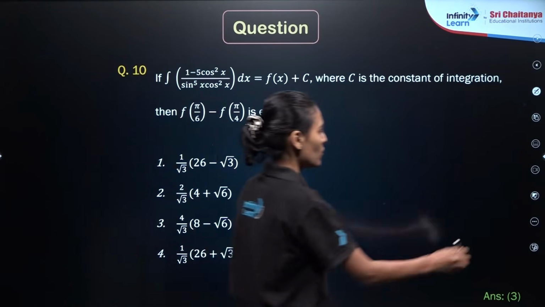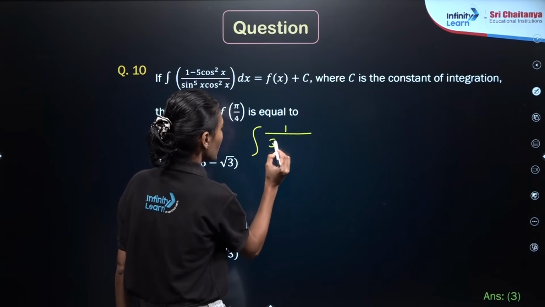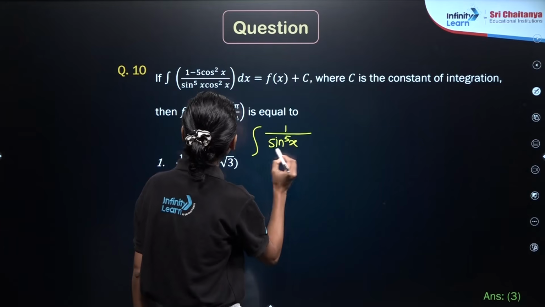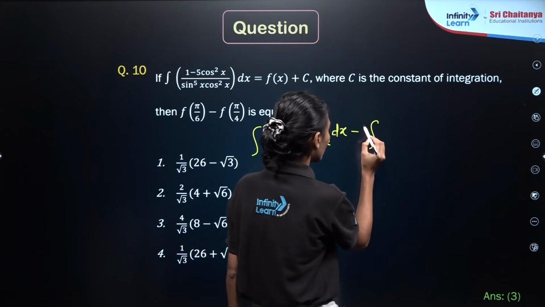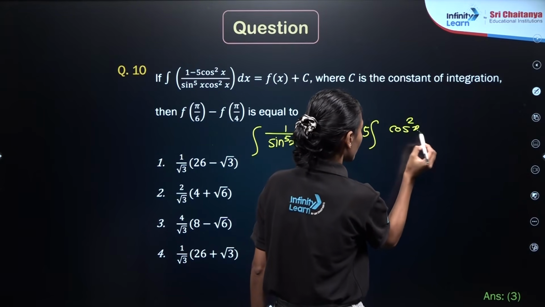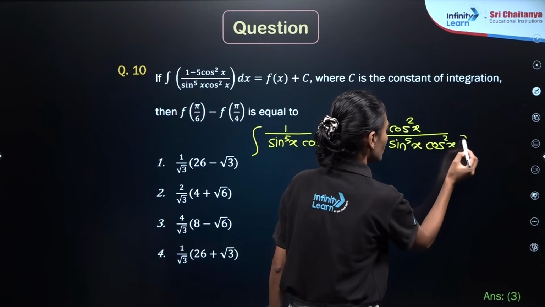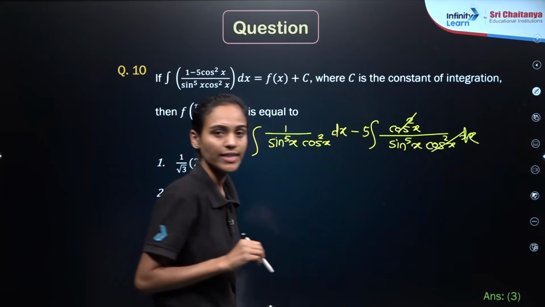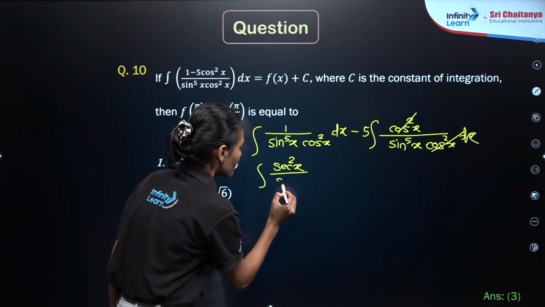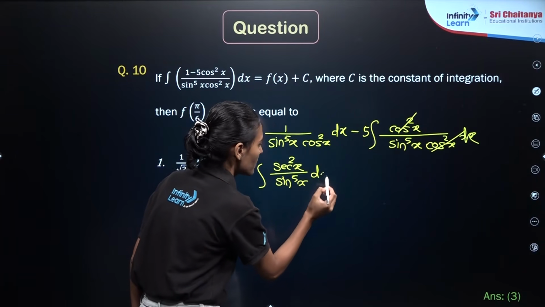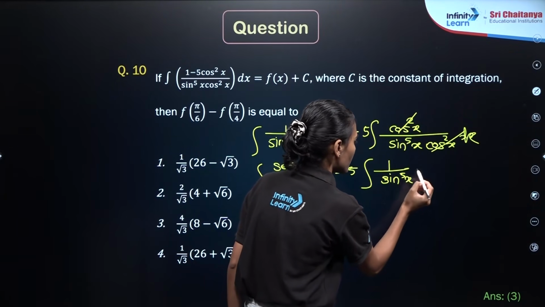See students, if I rewrite this, it is integration 1 upon sin power 5x into cos square x dx minus integration of 5 is constant, cos square x upon sin power 5x into cos square x dx. This cos square will get cancelled, and this is nothing but integration sec square x upon sin power 5x dx minus 5 times integration 1 upon sin power 5x dx.